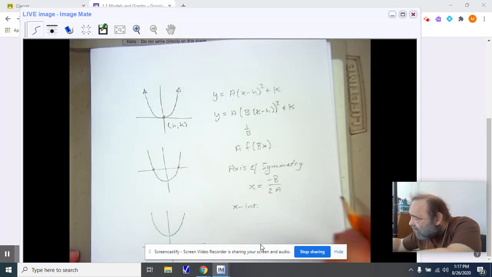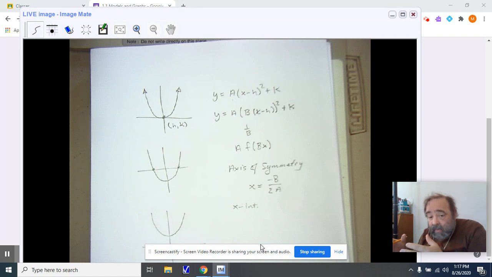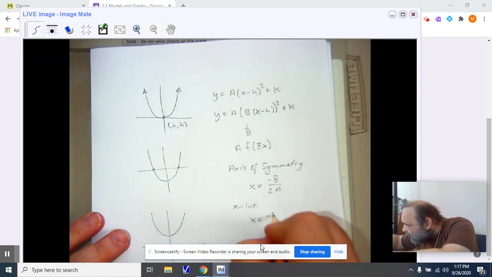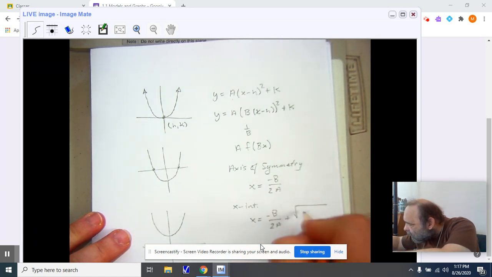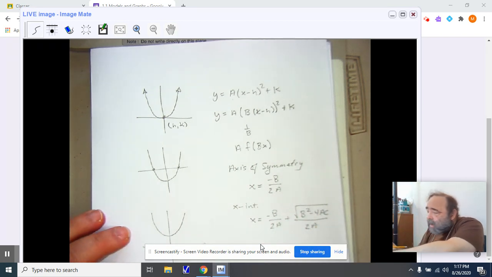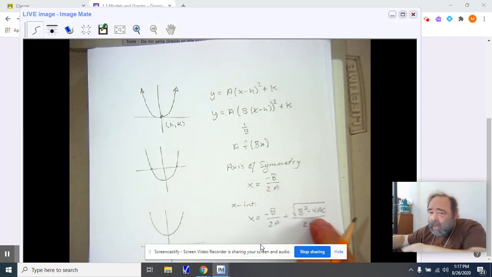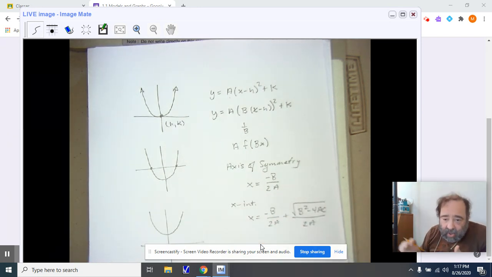The x-intercepts can be found by factoring. They can be found by using the quadratic formula. x equals negative b plus or minus the square root of b squared minus 4ac, all over 2a. We also know that this b squared minus 4ac is called the discriminant. It determines the nature of the roots.